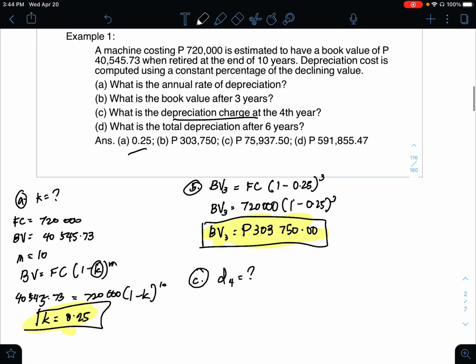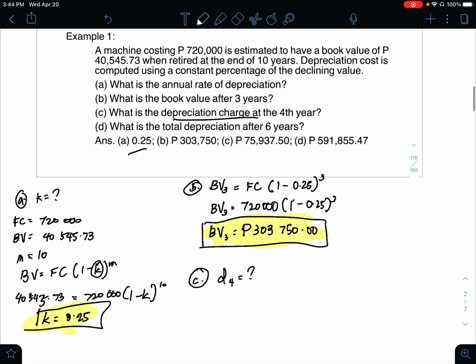Okay? So, the formula we saw earlier, Dm is equal to the first cost times 1 minus k to the power of m minus 1, times k. We have k and the first cost, so we can get D at the 4th year, where m is 4.